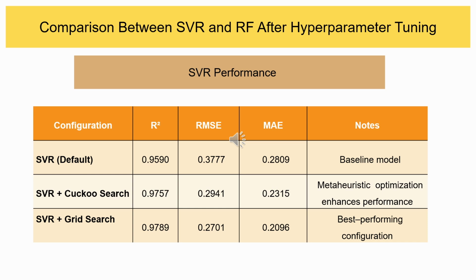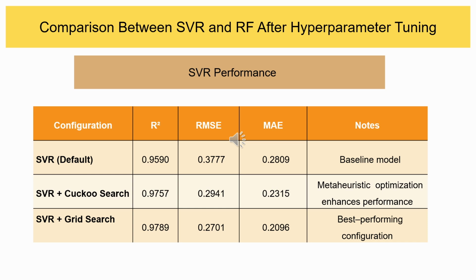With the Cuckoo search, R square is 0.9757, better than default. RMSE is 0.2941, also much better than default. 0.2315 for MAE is also better. We can see that it has been enhanced more.